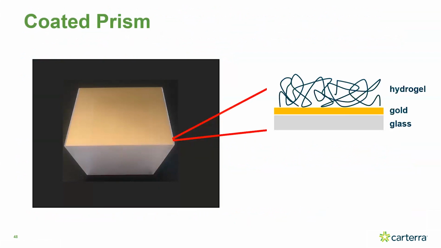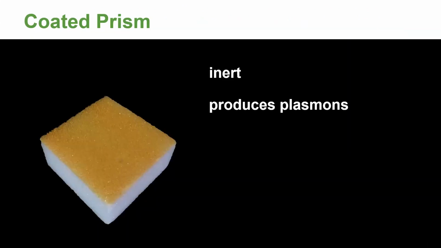So diving a little bit more into it here. This is a picture of a glass prism coated with gold, and it has a hydrogel layer on top. This is an actual LSA prism popped out of the cassette. But we're going to go into cartoon mode to talk about our chip surfaces and how these work. So we have the glass and the gold. The gold is inert and it produces plasmons.